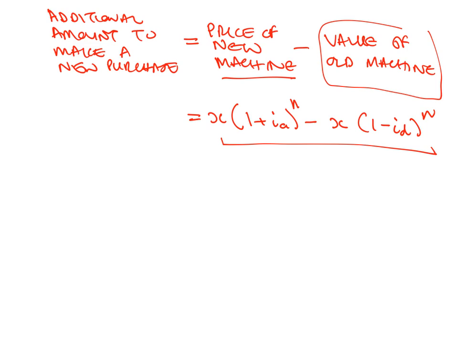Now, if I know that this is the amount that I'm going to need in the future, what I can do today is set up a sinking fund, so that at some point in the future, I have this amount. That is what I'm trying to do. At some time in the future, I have that same amount in my account, and so I'm able to purchase the new machine. So we set up something called a sinking fund.